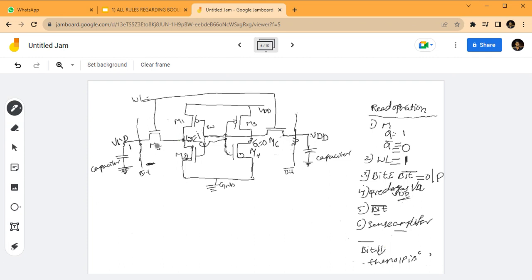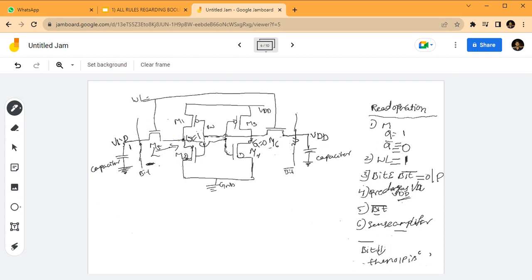Then here we compare Q and the bit line. There is no voltage difference between them, so there is no chance of current flow in this region. Q bar equals 0, while the bit bar line is at VDD, which is 1.